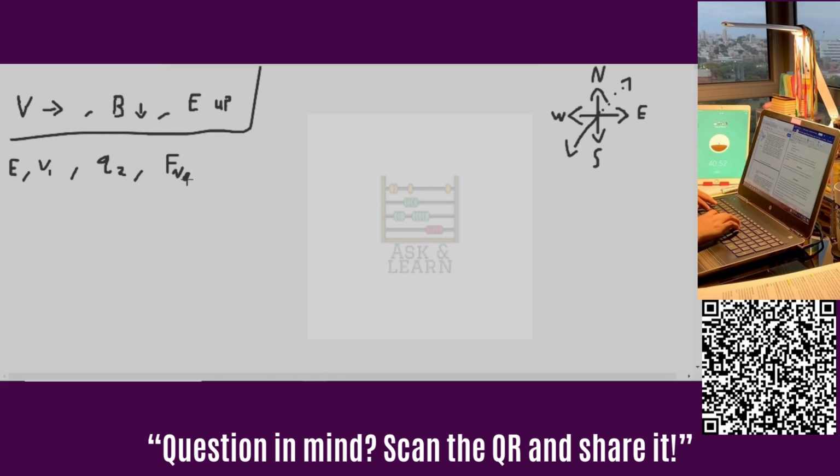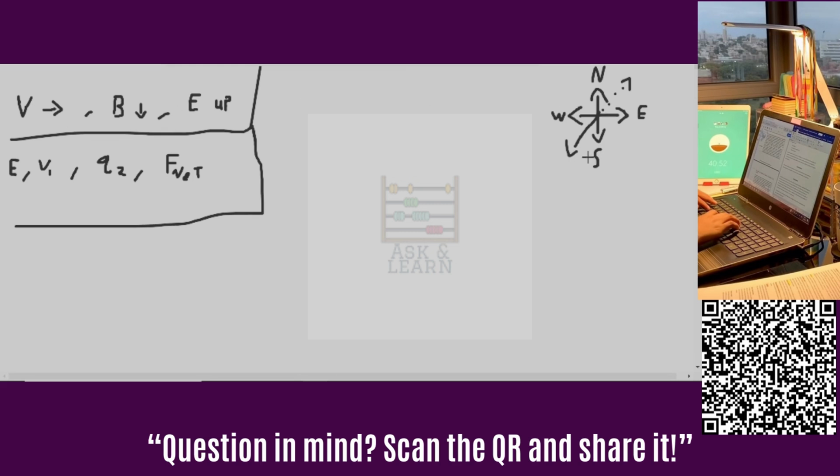Okay, let's do some more visualizing here. So we have that the electric field is up. So once again, lay your paper flat on your table. We're going to try to use the right-hand rule here. So we know that the velocity goes in the east direction. That would be to your right.